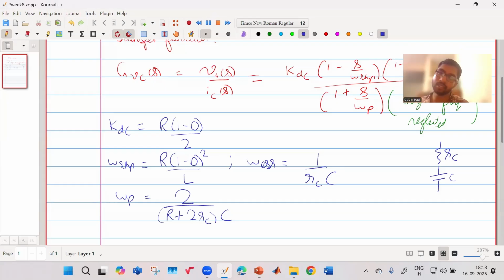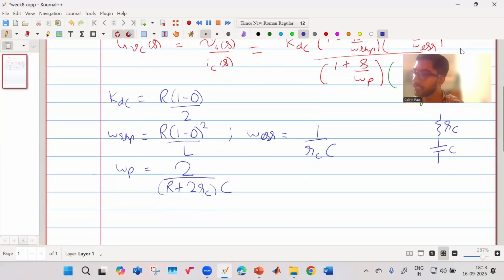Okay. So there are certain cases where your RC is negligible. In most cases, it is negligible, so we approximate RC to be 0. If it is asked in the question, you assume RC is approximately 0 unless it is clearly specified.